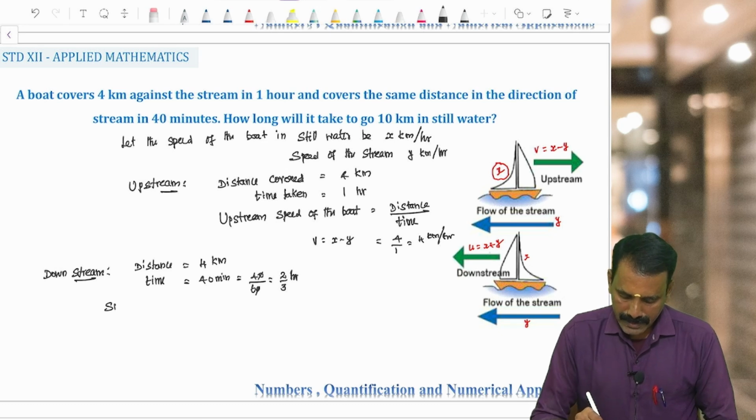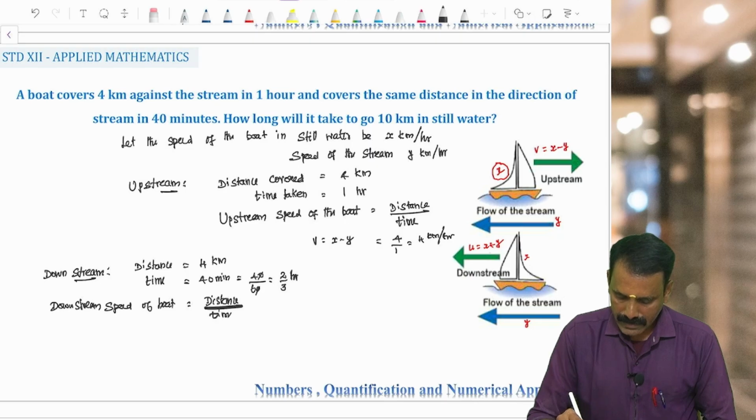Now downstream speed of boat is distance by time. Four divided by 2 by 3, so 12 by 2, that is nothing but 6 km per hour.